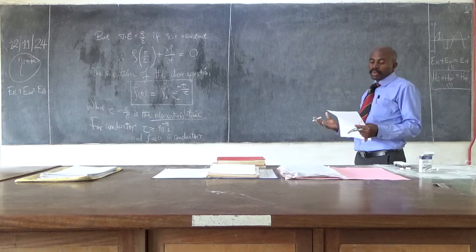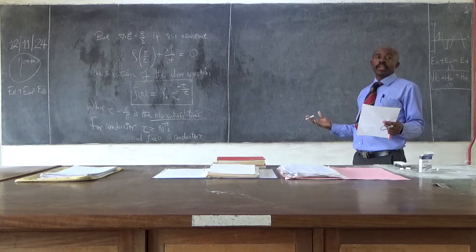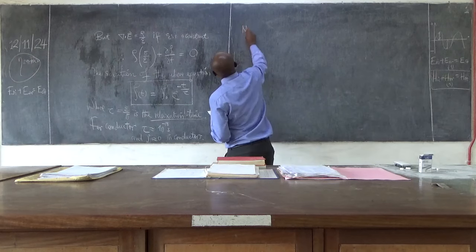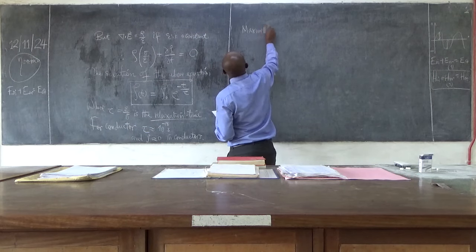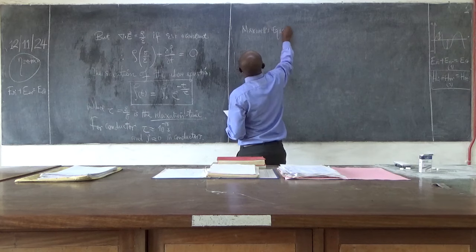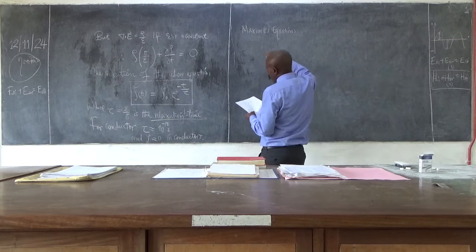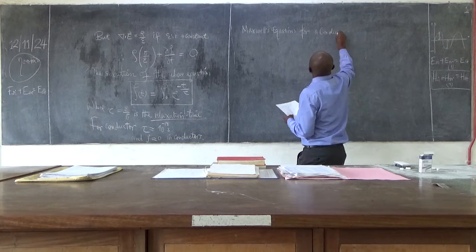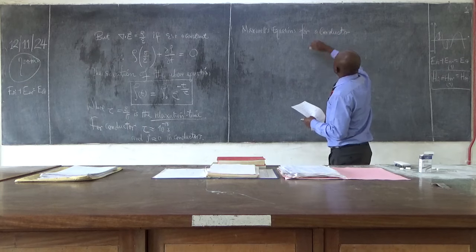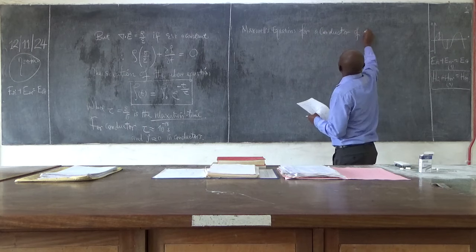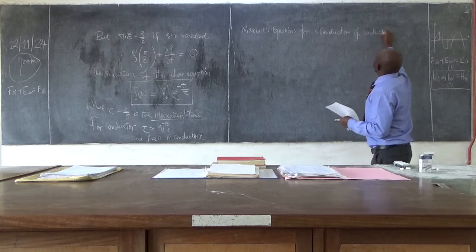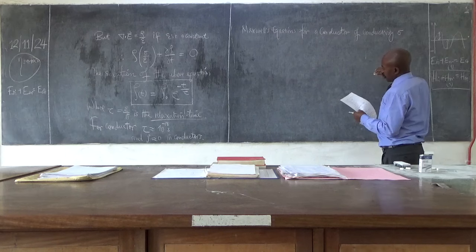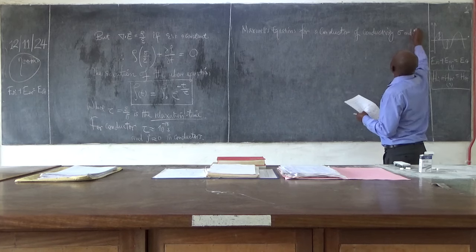Maxwell came up with equations for conductors. So Maxwell's equations for a conductor of conductivity sigma and rho.